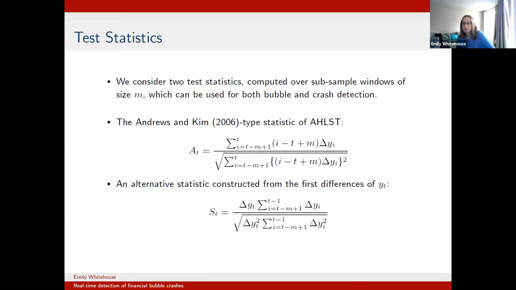And the rationale for this is that under a unit root null hypothesis, the expected value of our S statistic will be 0. In an explosive bubble, it will be positive and getting larger in magnitude as we get further into the bubble. And as we transition from an explosive bubble to a stationary collapse, that statistic should be negative and large in magnitude. So that should help us distinguish between these regimes.